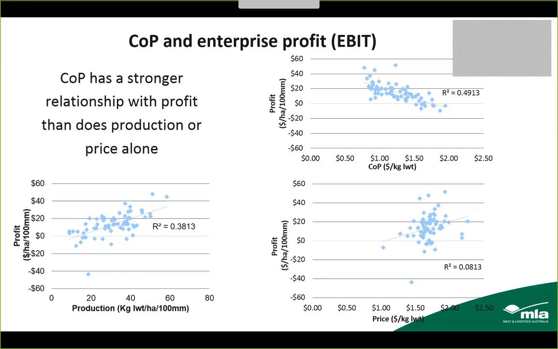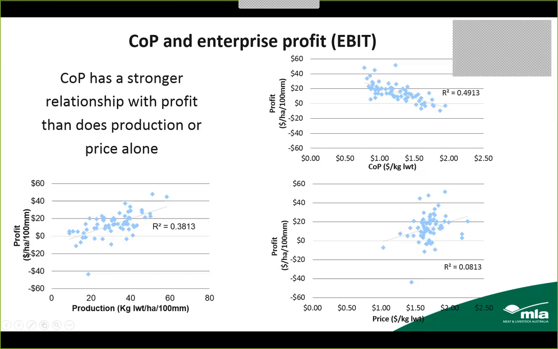In this beef example, at $1.80, so the data's a bit old, at $1.80 per kilogram of price, there's a range in profit per hectare of $60 per hectare per 100 mils of rainfall. So price is important, but producers need to be aware of the cost of production to obtain that price.